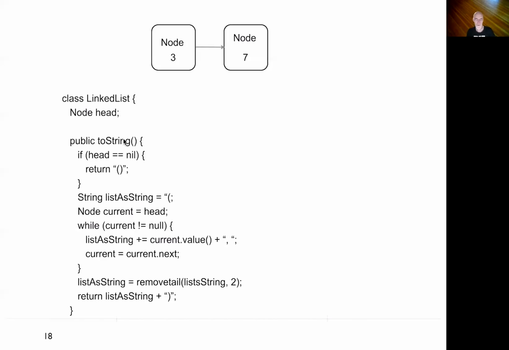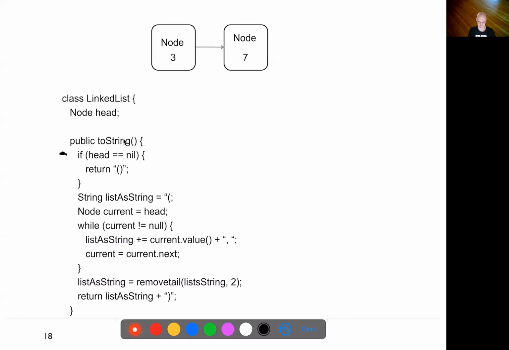So the example I use is a linked list. I have a linked list class and a node class, and I want to print out the list, return the list as a string. In my toString method, first I check to see if the head is nil or null.